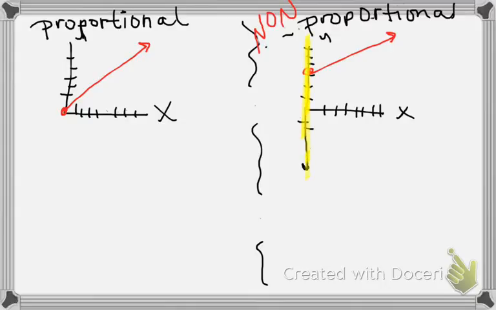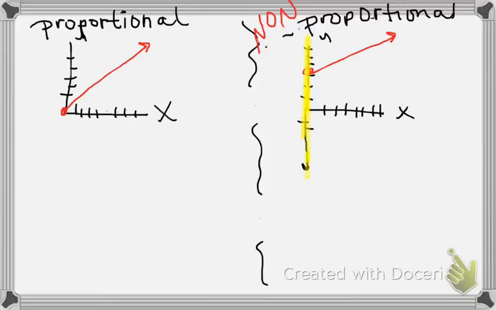That line can start anywhere except for 0. If it starts on 0 and you have a constant rate, it will be proportional. If you start at a y-intercept and you have a rate, it's going to be non-proportional. Okay, so those are the two differences in those situations.